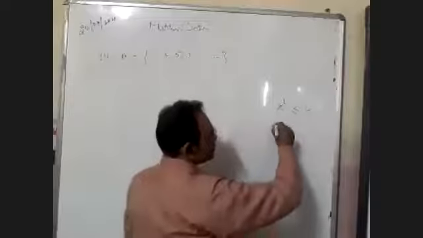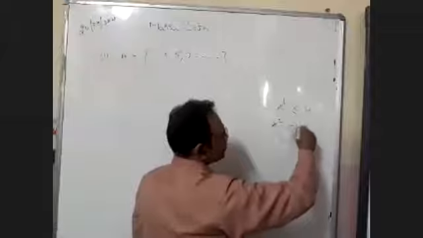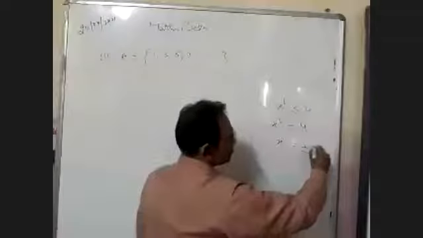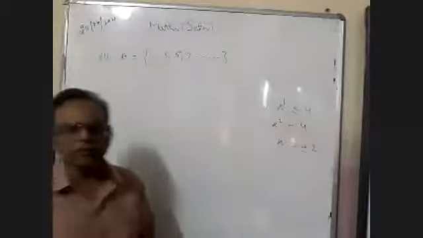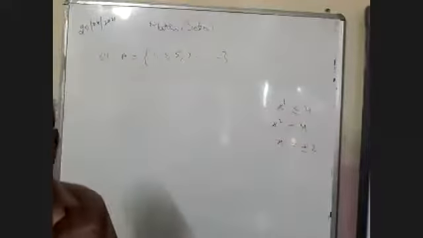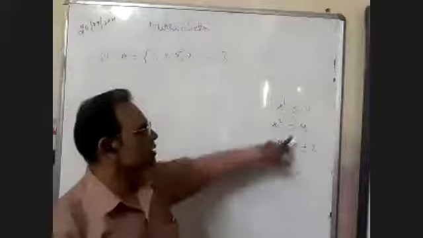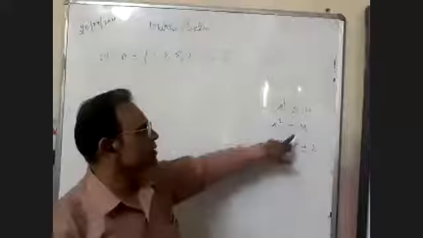You have told that x square equal to 4 means x is equal to plus minus 2. यानी कि ऐसा नंबर जिसका स्क्वायर 4 होगा, that will be -2 and 2, both the numbers. The square of both the numbers you will get positive. So x is equal to plus minus 2.